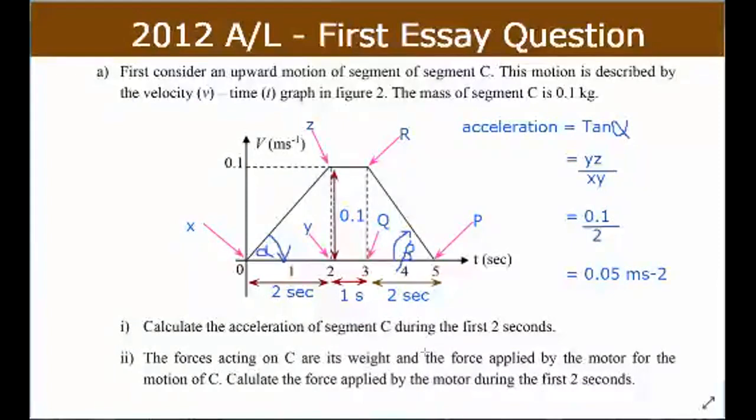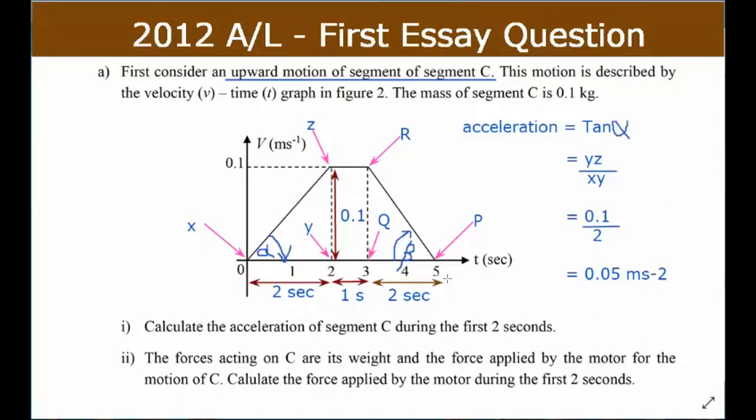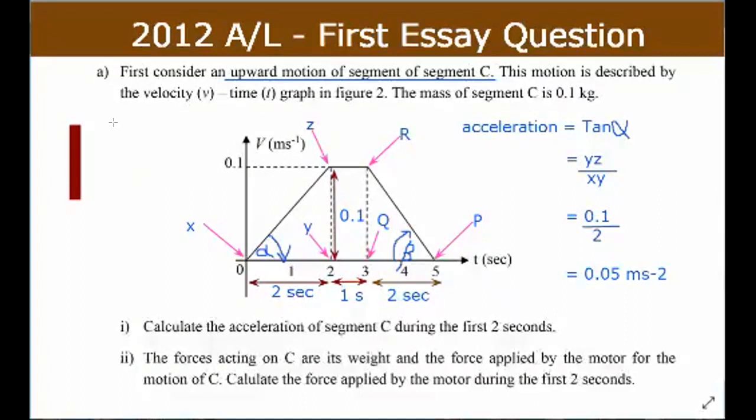During the first 2 seconds, consider the upward motion of the segment C. See this sentence here, upward motion of the segment C. So how many forces are acting on the segment C? If I draw the segment C separately, this is the segment C. They have given the forces acting on it.